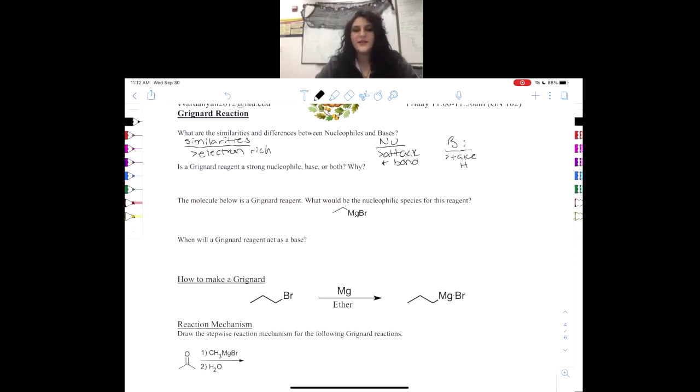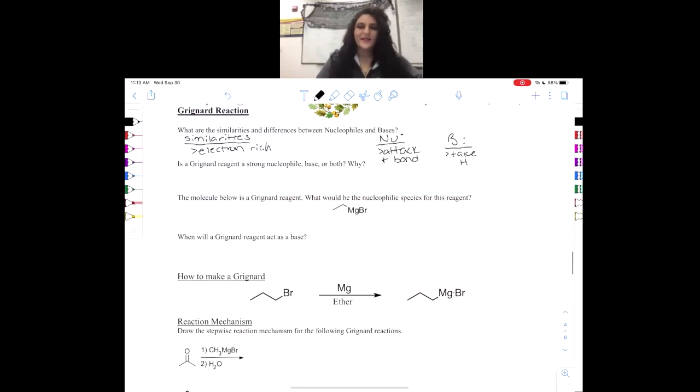Both nucleophiles and bases are electron rich. They're going to use their electrons to do something. They like negative charges. However, the difference is that a nucleophile wants to attack and do a reaction. It wants to attack and bond to something, versus the base just wants to take a hydrogen and that'll make it happy. That's easier than bonding in most cases. So yeah, that's pretty much it. This is a straightforward difference, but sometimes people have trouble with it.